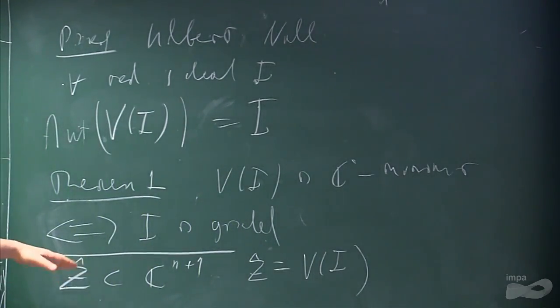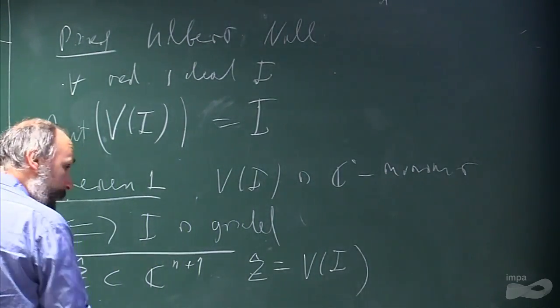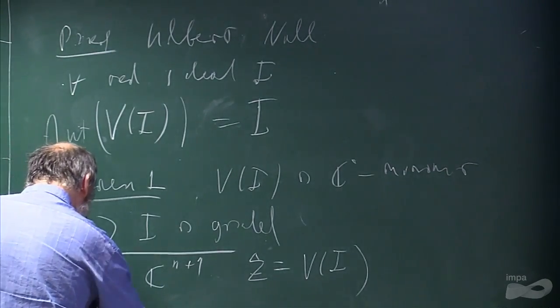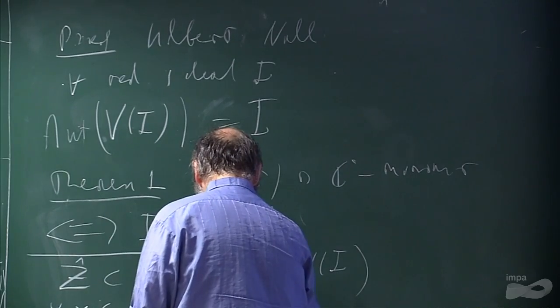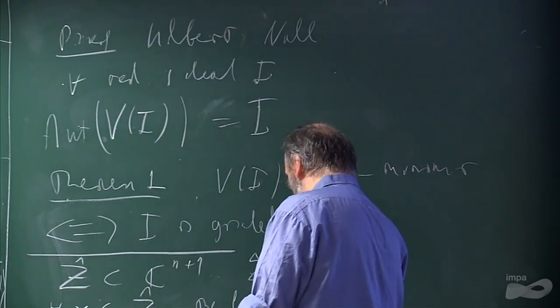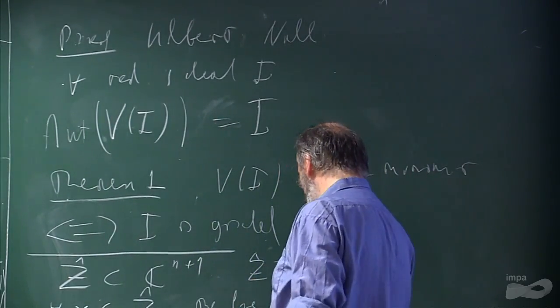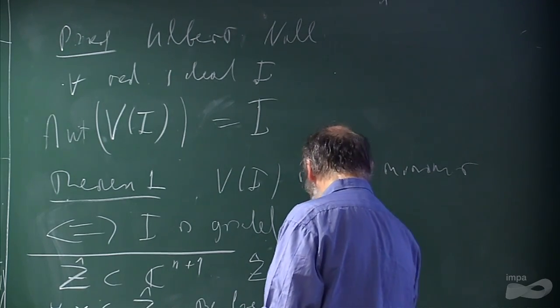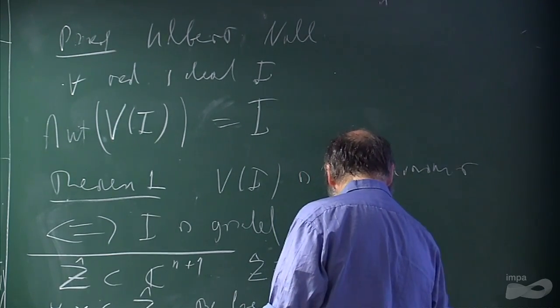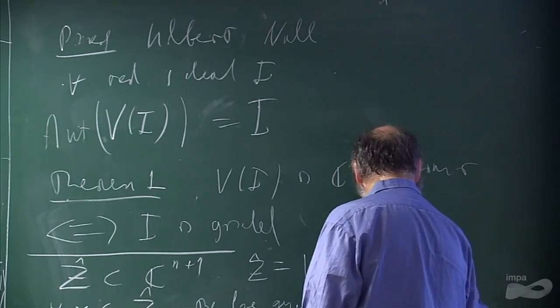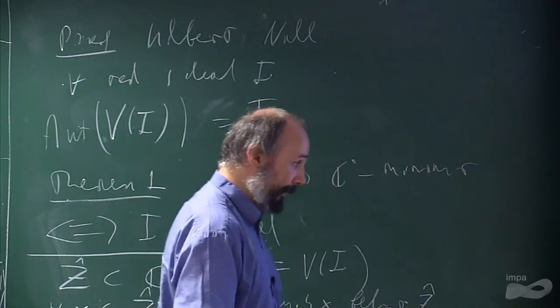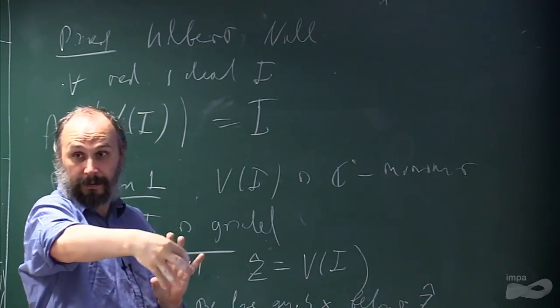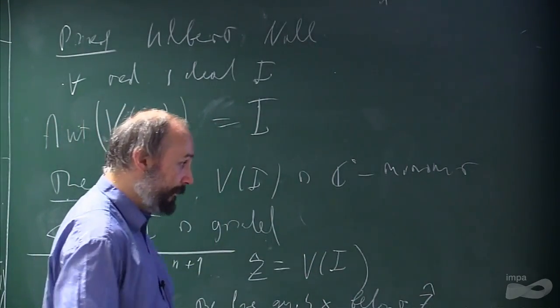If you start with something invariant, this is invariant. Then for each point x inside Z hat, the corresponding line generated by x belongs to Z hat. Right? Because it's invariant and the line is an orbit of C-star action.